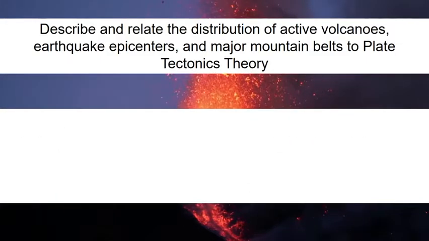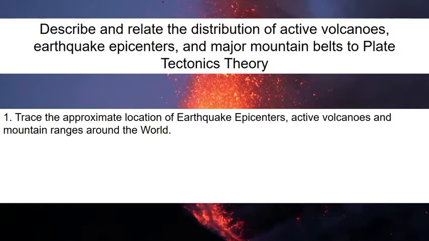To begin with, our learning competency: describe and relate the distribution of active volcanoes, earthquake epicenters, and major mountain belts to plate tectonics theory. For our specific objectives: 1. Trace the approximate location of earthquake epicenters, active volcanoes, and mountain ranges around the world. 2.